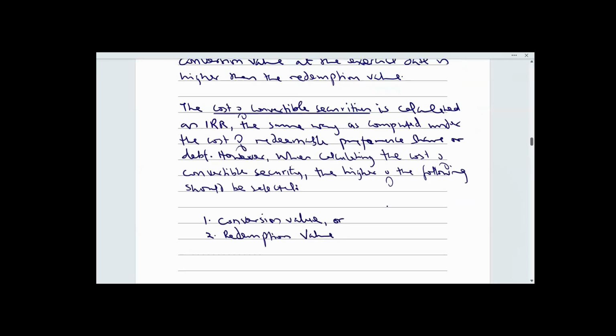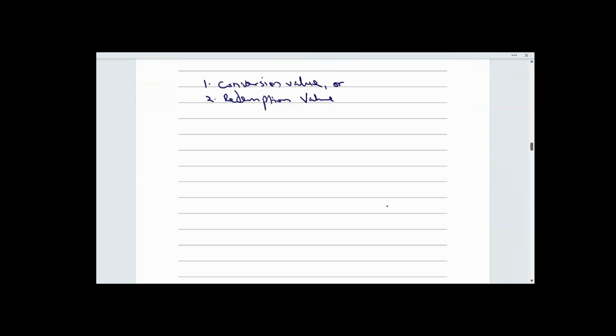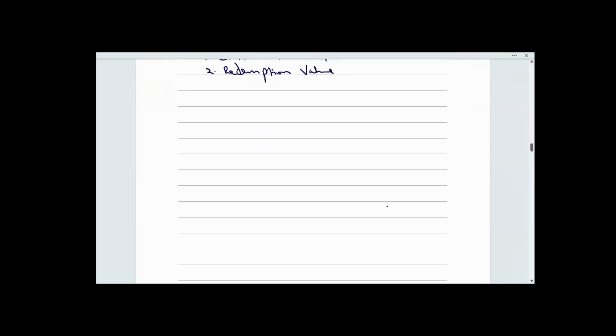Finally, let's talk about market value of convertible security. The examiner can ask you to calculate market value of convertible securities.